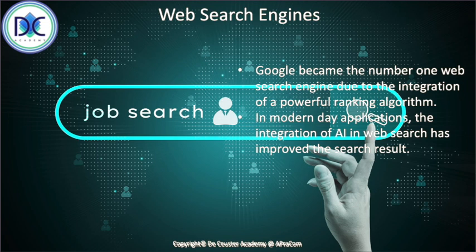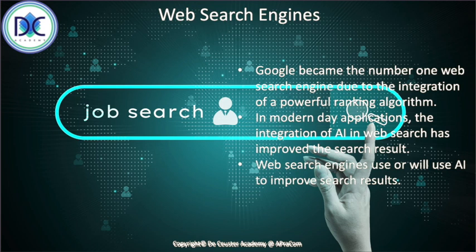Now, we see that AI provides also a lot of possibilities to evaluate the traffic, to evaluate searches, possible information, and all kinds of different applications. It is clear that AI has improved the search results when AI is integrated in the search engines.